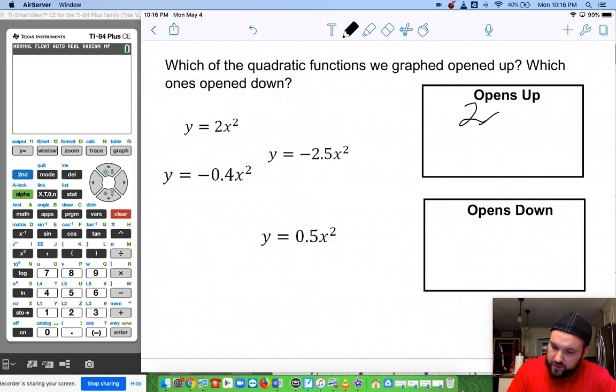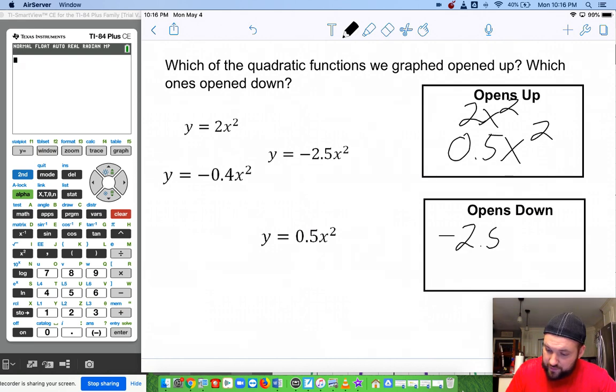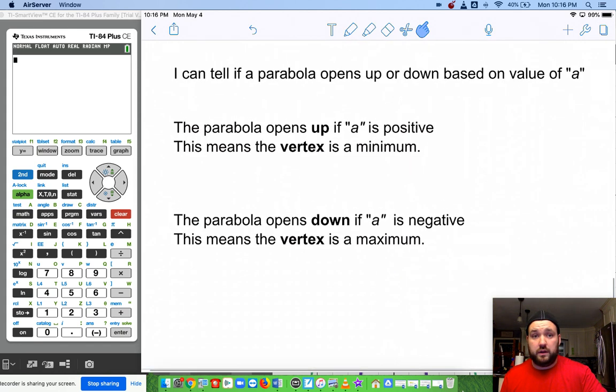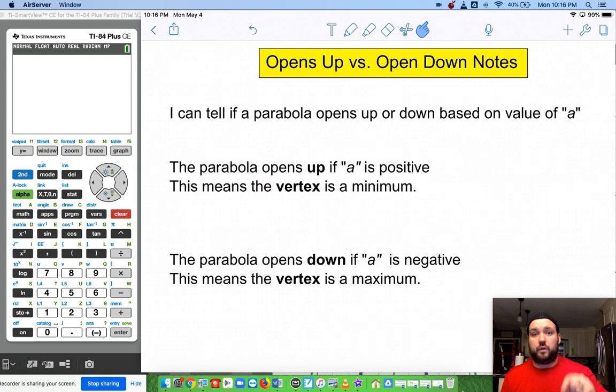That would be 2x squared and 0.5x squared. And then the ones that are opening down are negative 2.5x squared and negative 0.4x squared. Okay, so you probably can jump to that conclusion already, that the parabola is going to open up or down also based on the value of a.